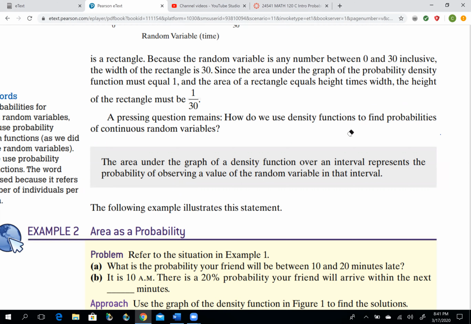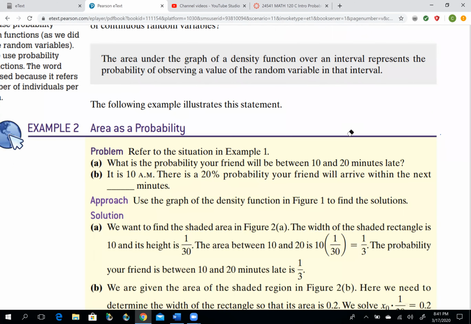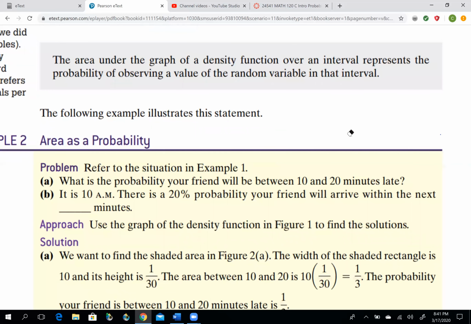Okay, guys, let's make an example, and then we'll see what happens. Refer to the situation in example 1 with the friend who is going to be up to 30 minutes late. What is the probability your friend will be between 10 and 20 minutes late?